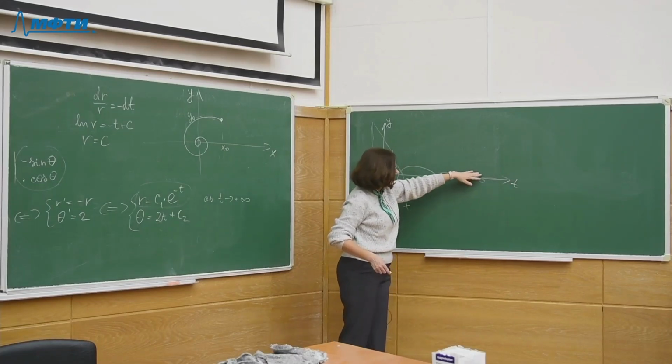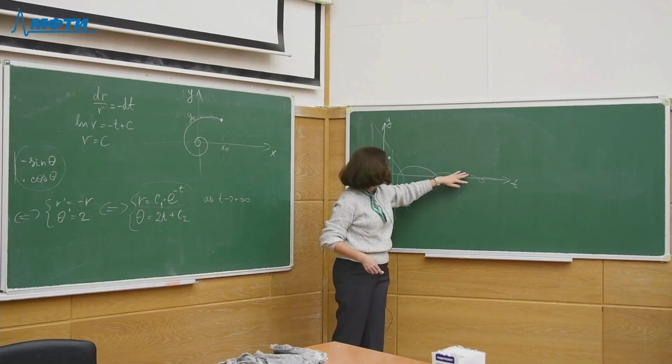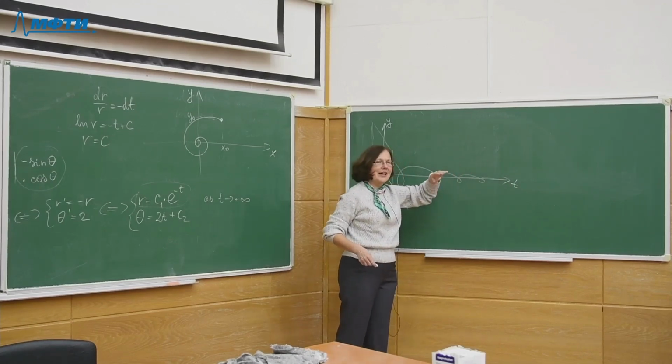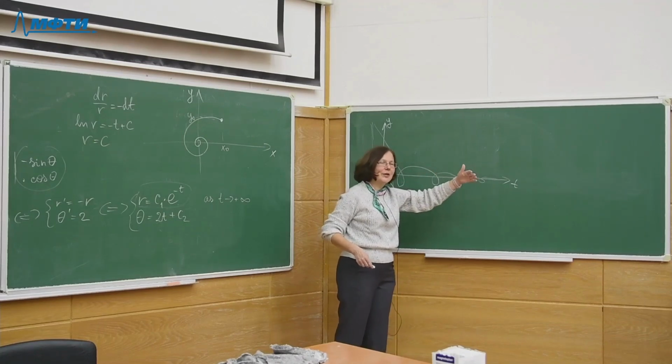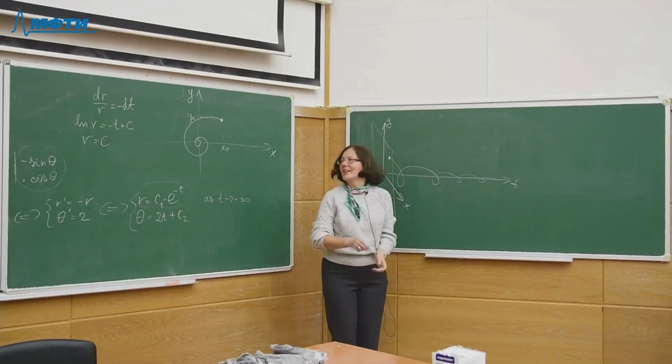Our trajectory becomes closer and closer to the t-axis. It approaches the t-axis as t approaches infinity, right? This spiral.